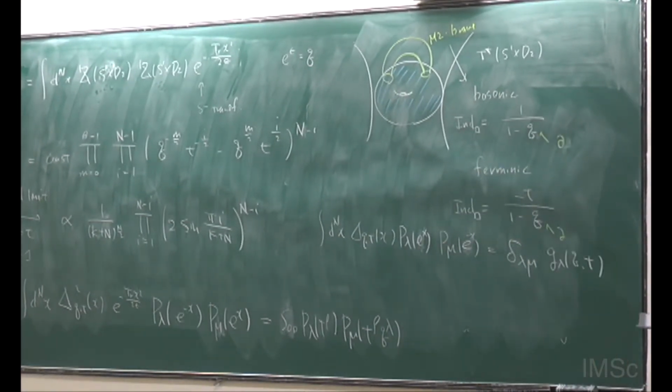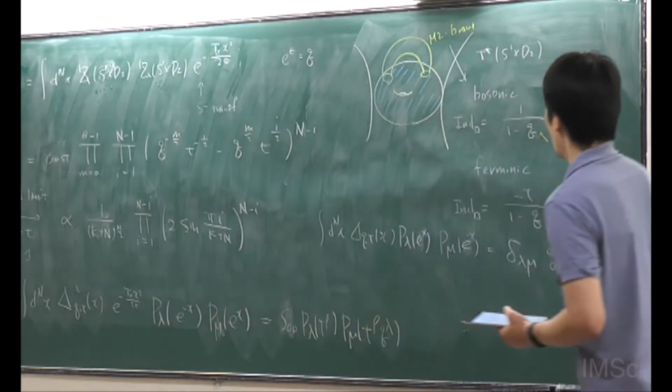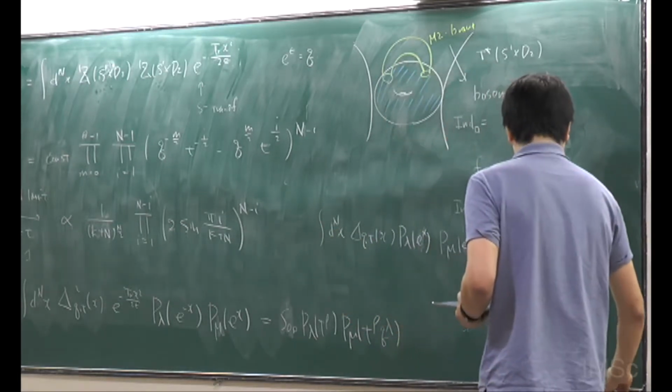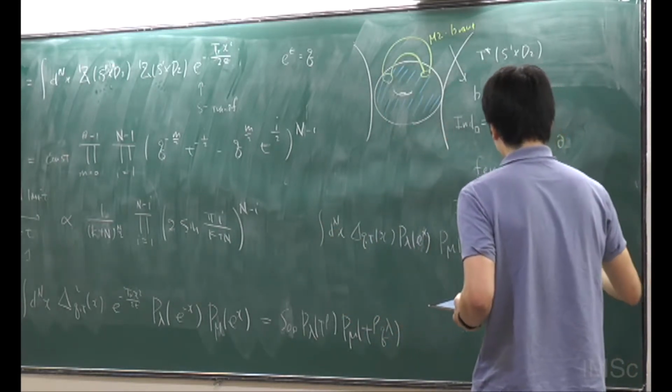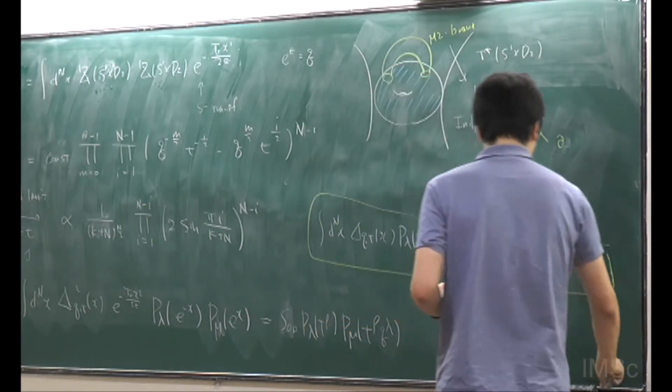That's what's going to happen without this matrix. So that's why it's called the Macdonald measure.